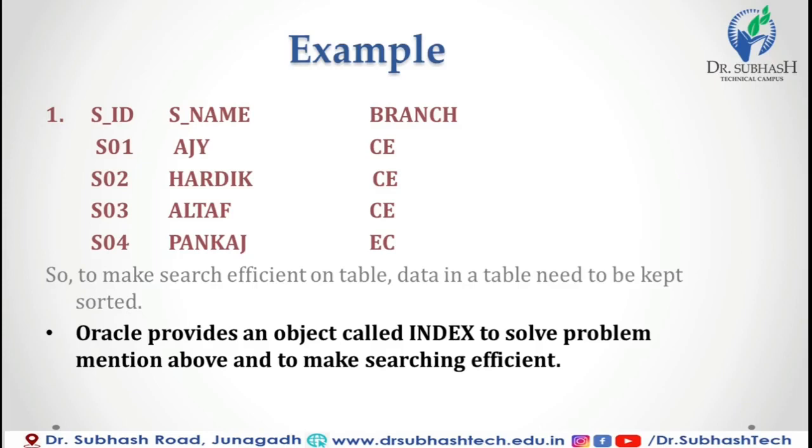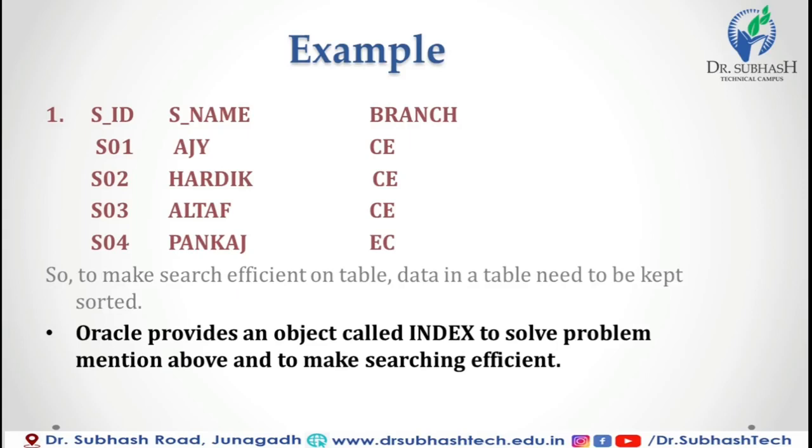When I fire a query with student name Altaf, the query checks each and every record in the table, starting with Ajay, Hardik, and in the third position I get Altaf. If my student names were sorted alphabetically or in ascending order, then I could easily find the student ID for Altaf.